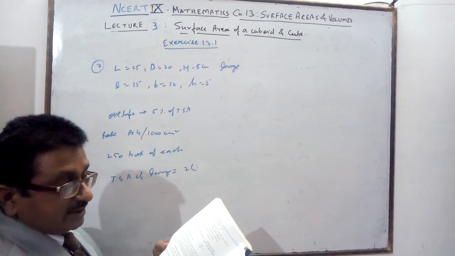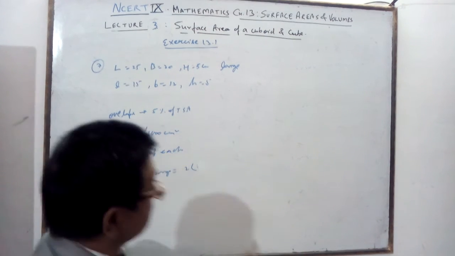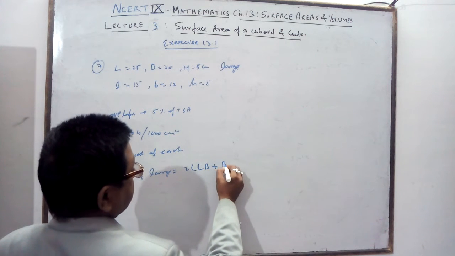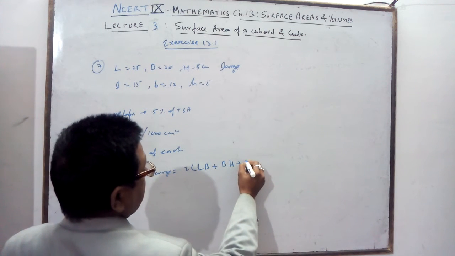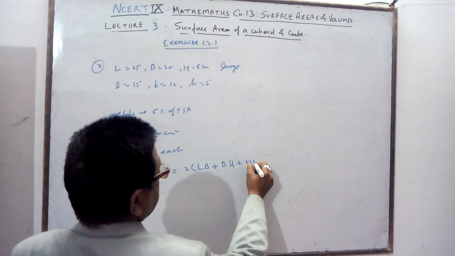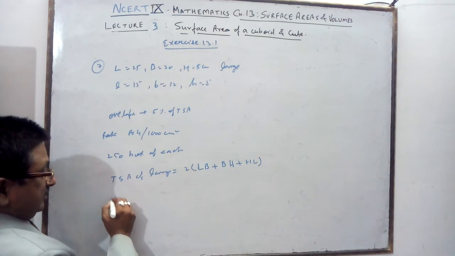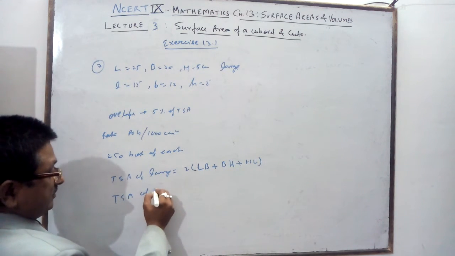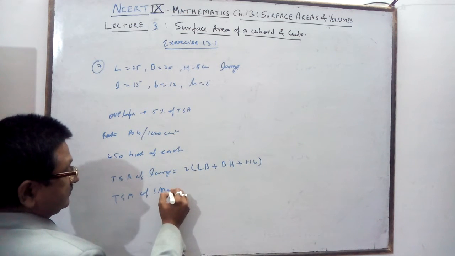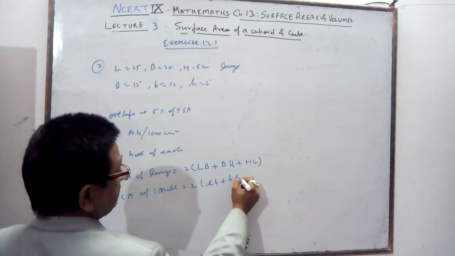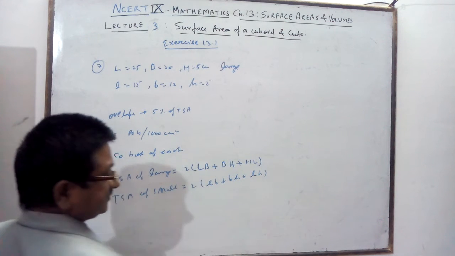Extra means we will add to 2(LB plus BH plus HL), capital letters. It is the TSA of large. TSA of small, calculate: 2(small lb, bh, small lh).